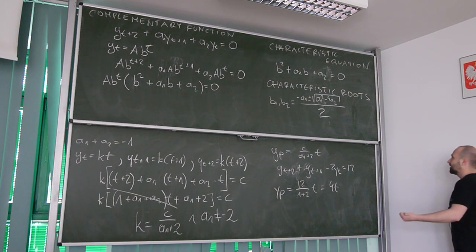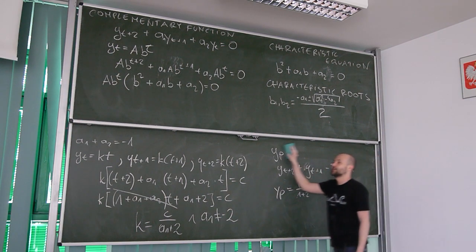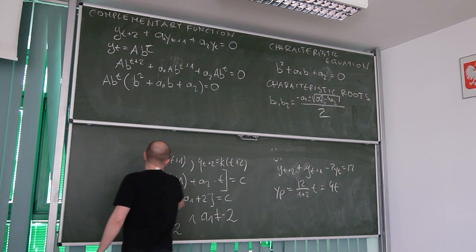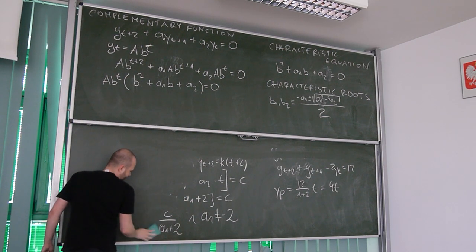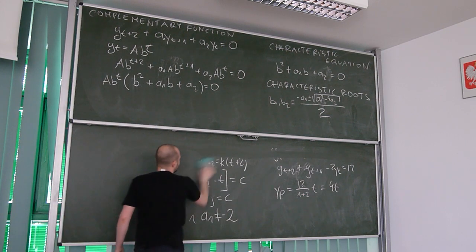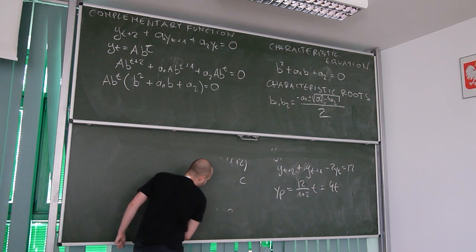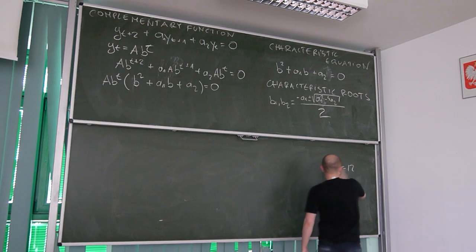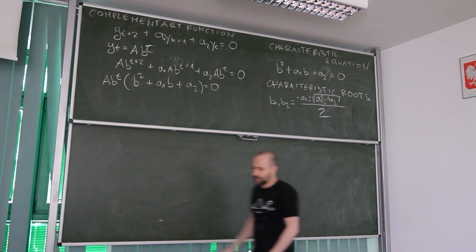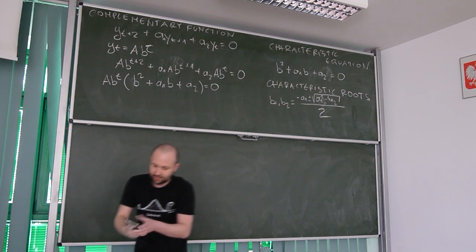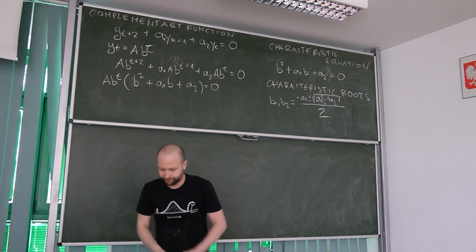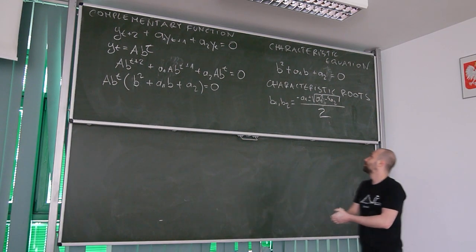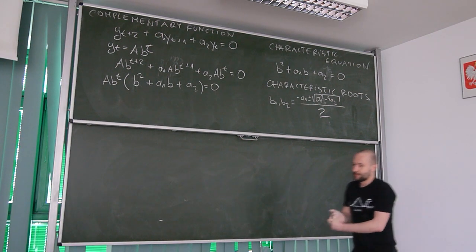If it's positive, we will have distinct roots. If it's equal to 0, we will have repeated roots. If we have negative value, then of course we will have complex roots. Well, if time permits us, we will do the repeated roots, at least distinct roots, in this video, and we deal with the rest in the next one.